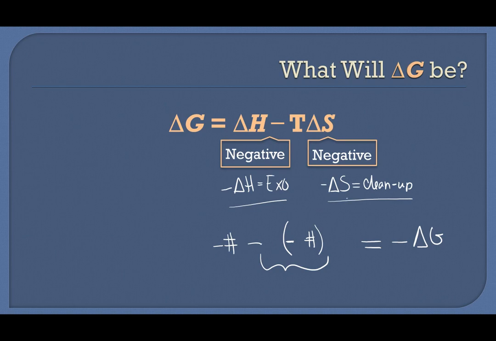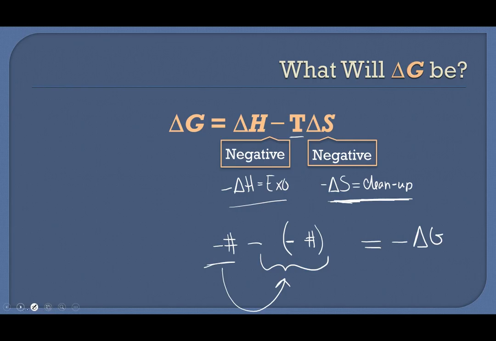So if cleaning up is unfavorable, we need to make that as little unfavorable as possible. So if we want this side to be the side that is unfavorable, we want to multiply it by a small number so that our exothermic overcomes this cleaning up process.